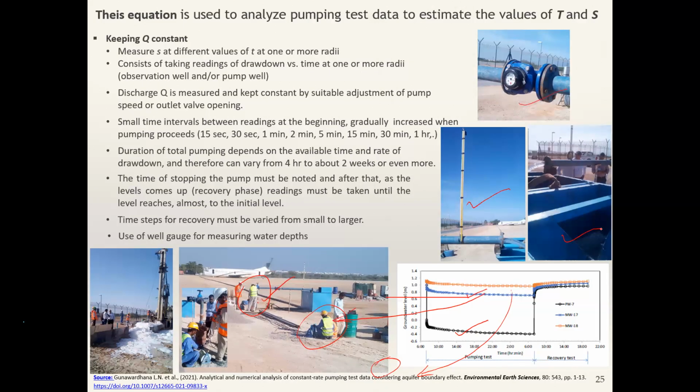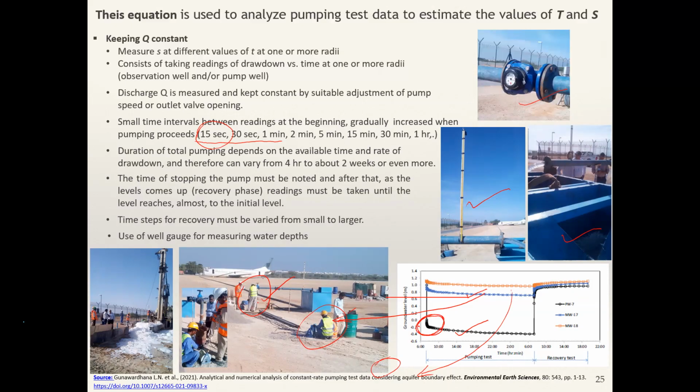When we start this pumping test, we take the readings at the beginning at very small time intervals. For example, we start with 15-second intervals. Now you can see there are many readings near the beginning of the pumping test.